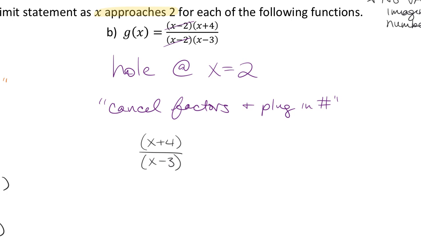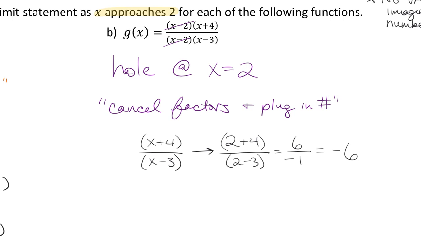All I'm going to do now with this reduced version is plug in 2. 2 plus 4 on top and 2 minus 3 on bottom. 2 plus 4 is 6. 2 minus 3 is negative 1. I get negative 6.